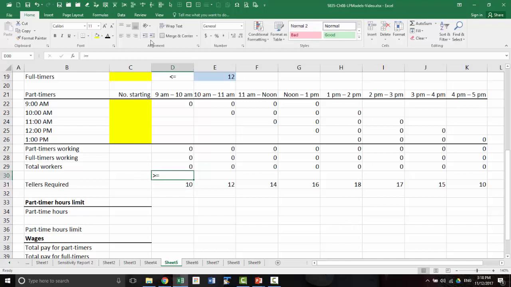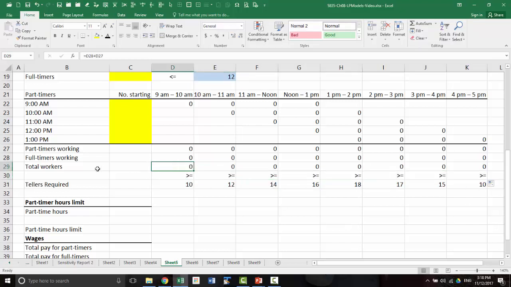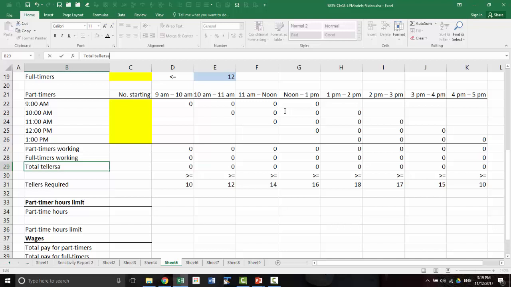Again, let's align this label. So we must have total tellers, let's call this tellers, and tellers required, right?